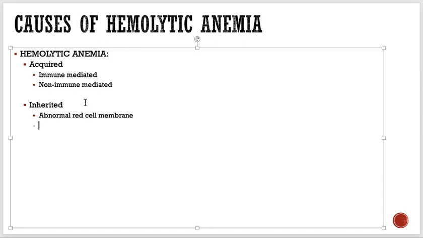So it could be abnormal red blood cell membrane, abnormal hemoglobin, or abnormal red cell metabolism. And by the way, in all the books this is written in the same way.